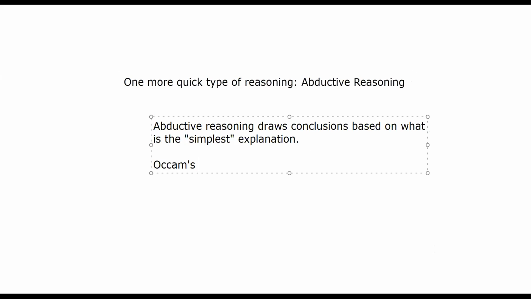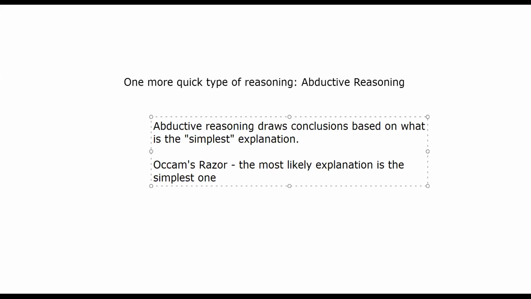If you've ever heard of something called Occam's razor, not Arkham Asylum from Batman, but Occam, William of Occam was a medieval scholar. I believe he was a monk, actually, a hermit who just studied his whole life. And Occam's razor states that the most likely explanation is the simplest one.